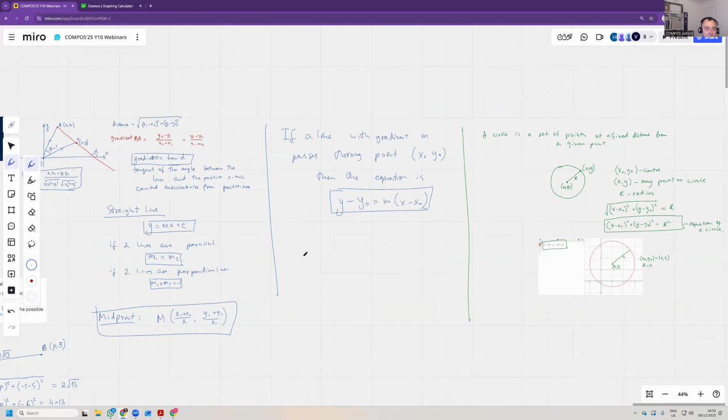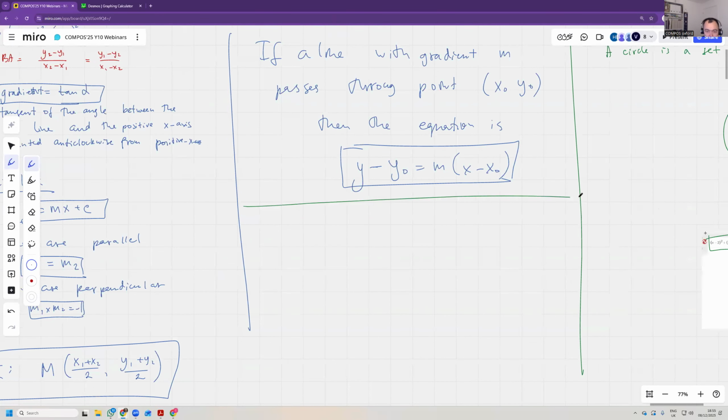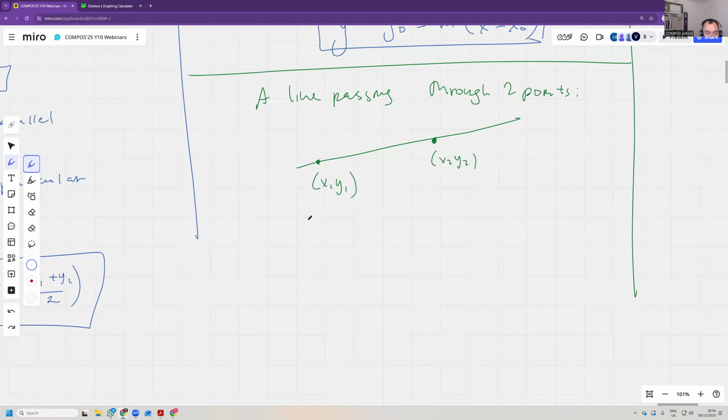If you have point (x1, y1) and a point (x2, y2), then you could do y minus y1 divided by y2 minus y1 is equal to x minus x1 divided by x2 minus x1.